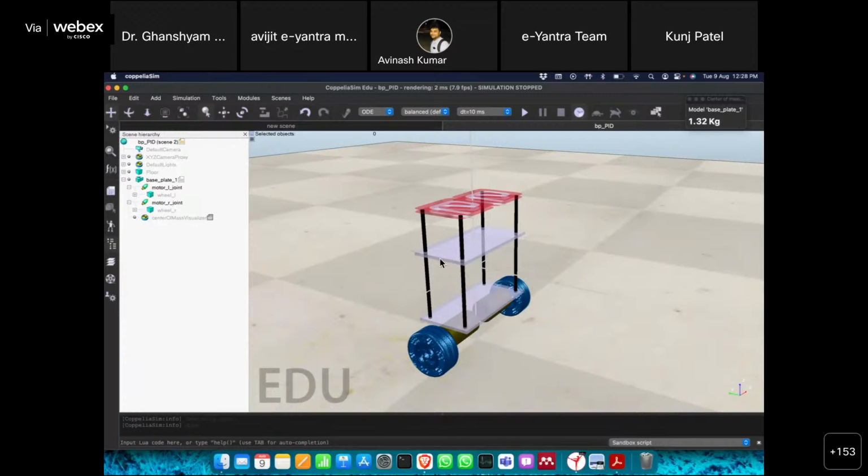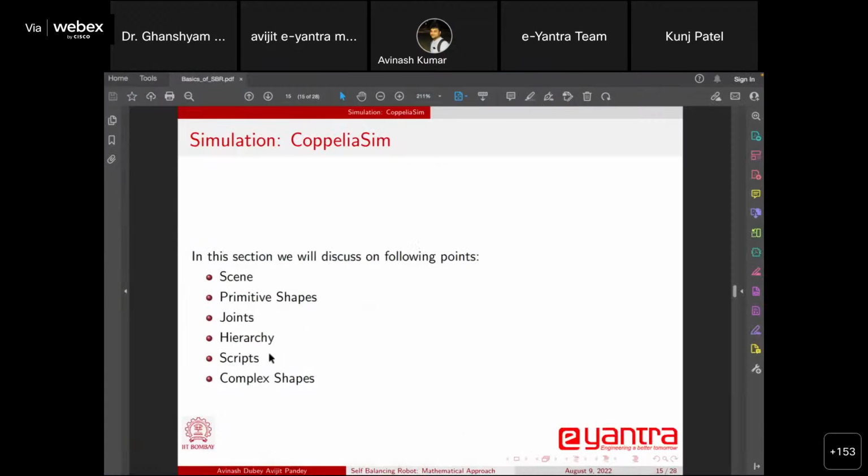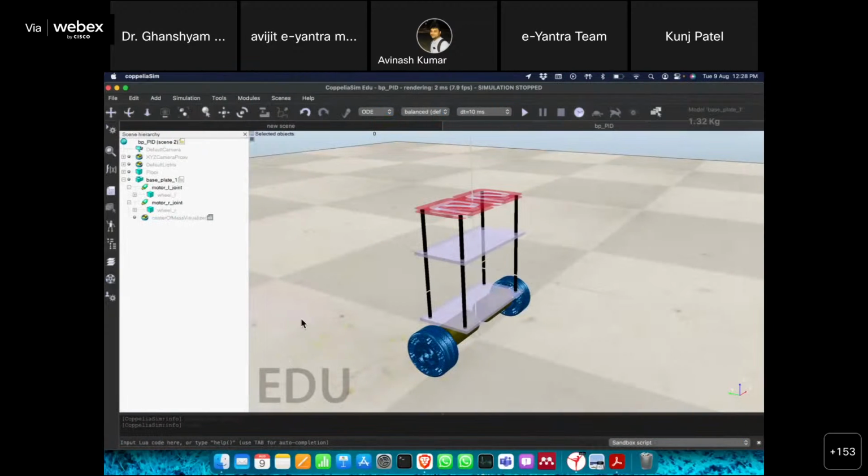So how do we write the controller in CoppeliaSim? Once you have created the whole structure and hierarchy, you can add scripts. Scripts are lines of code that you can write in CoppeliaSim, which will act as the coding for your robot. These scripts can be written in multiple languages.